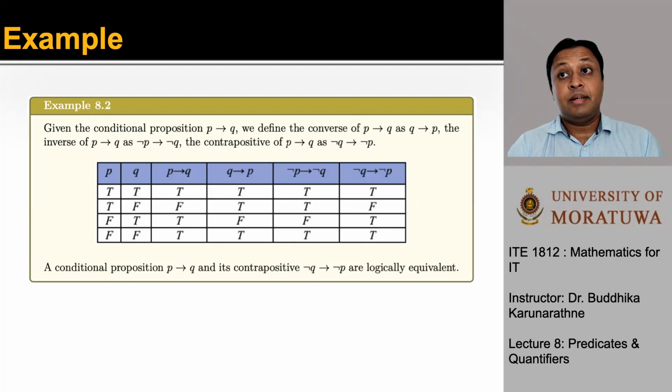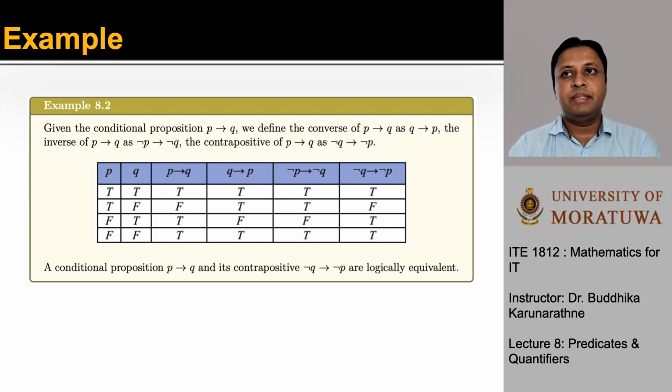And the contrapositive of P implies Q as negation of Q implies negation of P. So once again, we go to the truth table to explore the truth values for each of the statements.